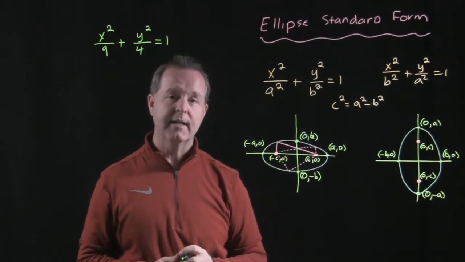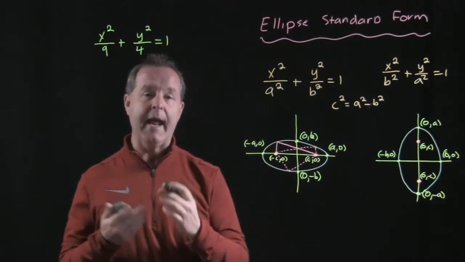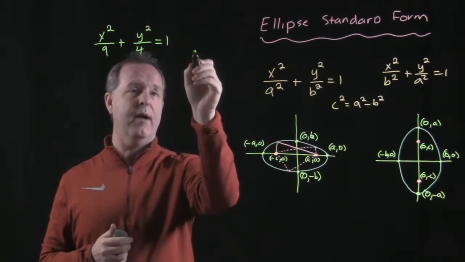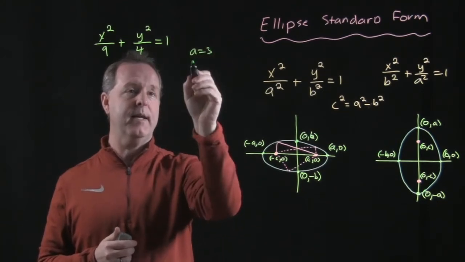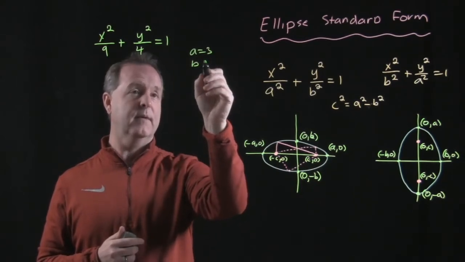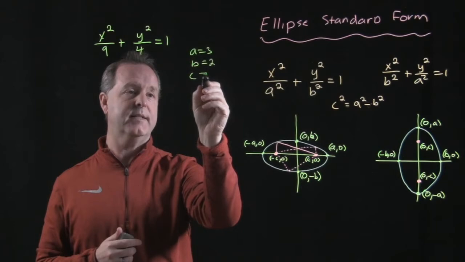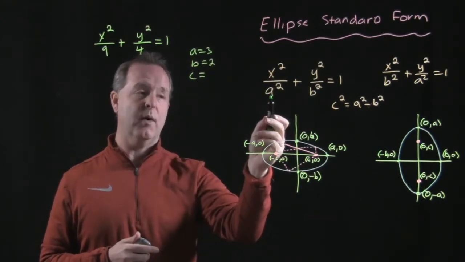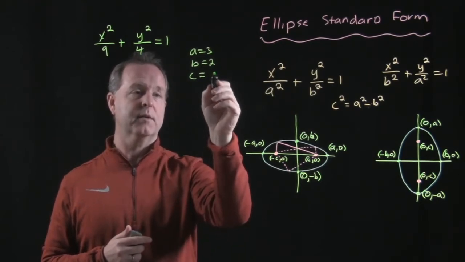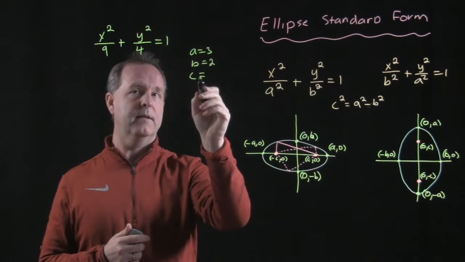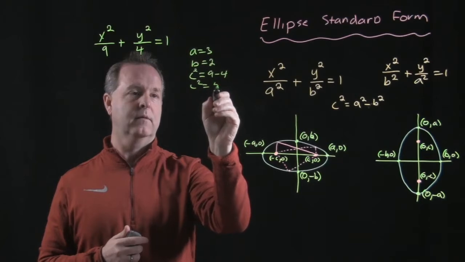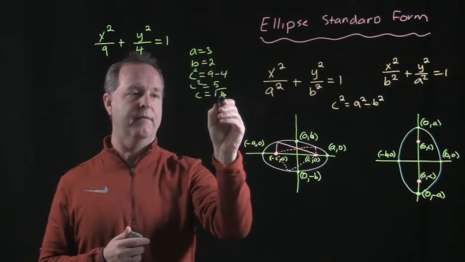So we have this equation up here, and we recognize it in the form of an ellipse. In this particular case, if the bottom number under the x squared is a squared, a would equal 3, and if b squared is 4, b would equal 2. And then what would c equal? c squared equals a squared minus b squared, so 9 minus 4 equals 5, and c would equal the square root of 5.